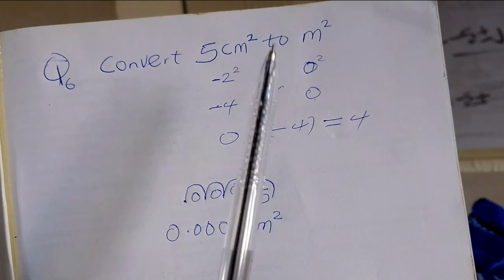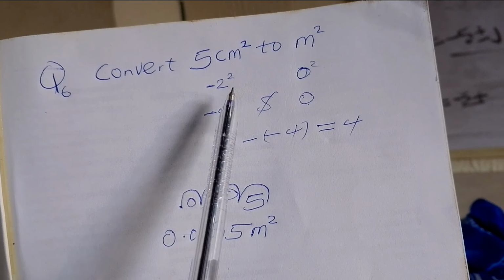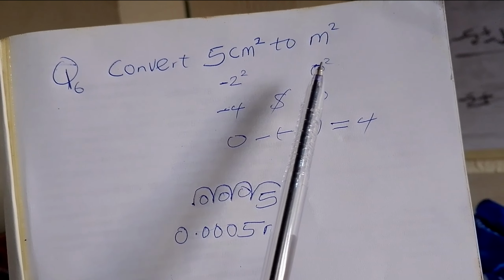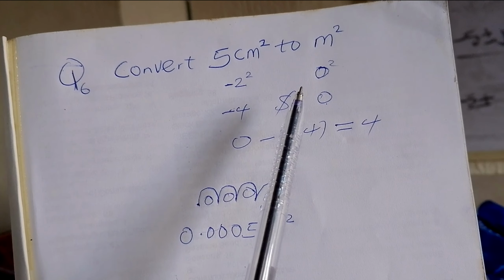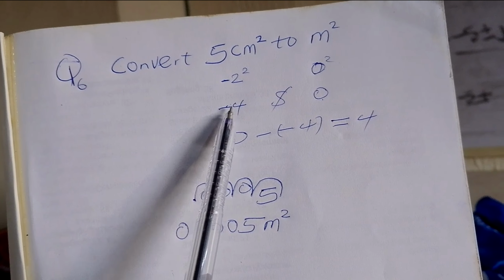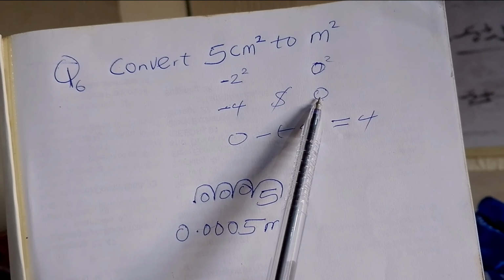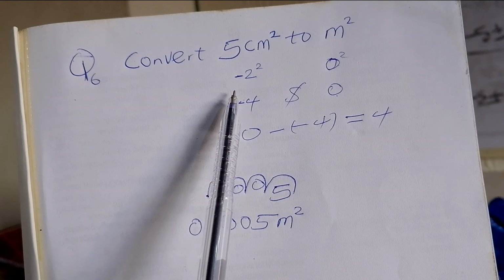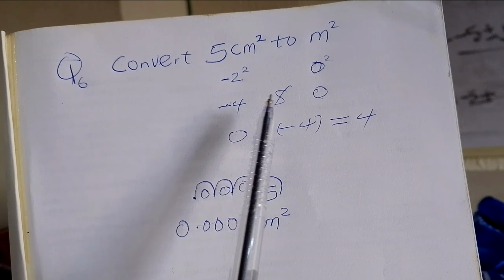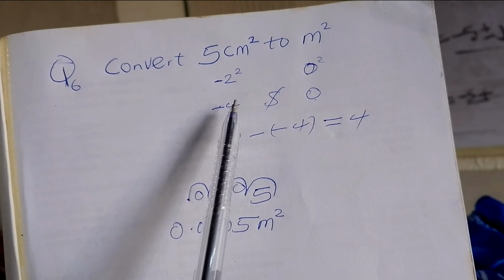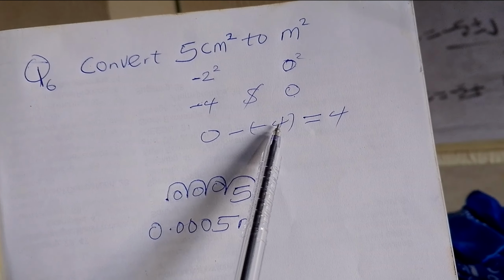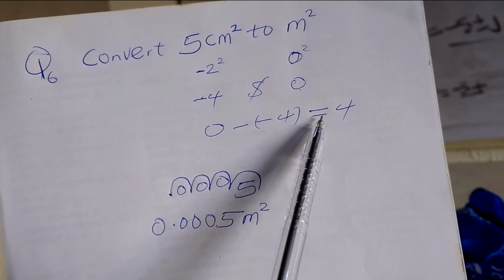So we have 0. So we have to square the 2 of them. We have minus 2 square and 0 square. Minus 2 square is 4 and 0 square is 0. Then you can now take the positive difference between 0 and minus 4. You should know that 0 is greater than minus 4. So we have 0 minus 4, which is equal to 4.